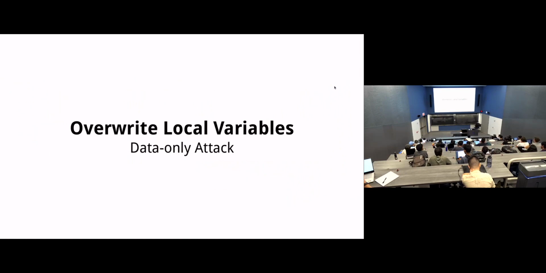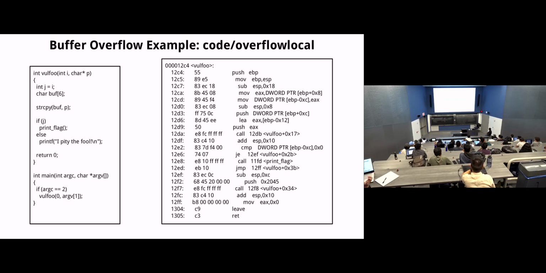Okay, finally, we are ready to talk about our first attack. In this attack, we are going to overwrite some local variables on the stack. So in this attack, we are not changing any control flow data. We're only changing some regular data.